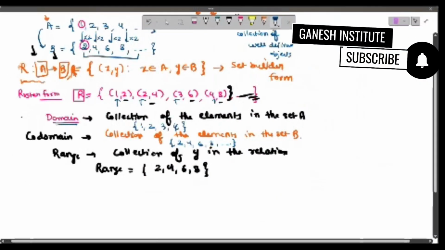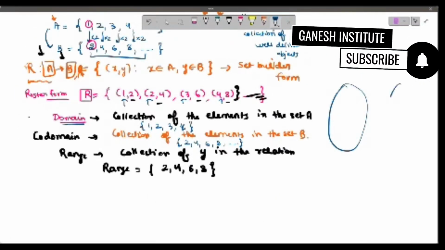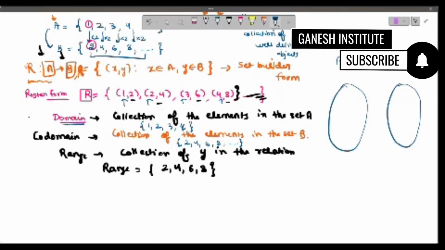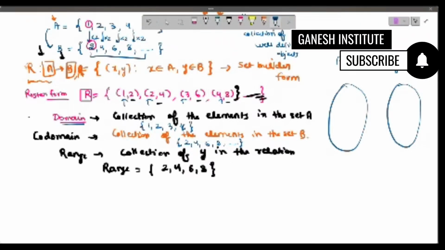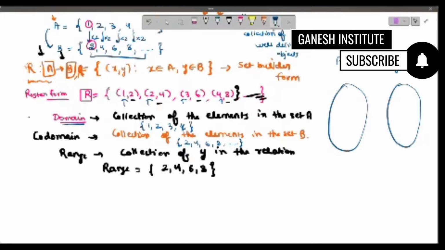If I have to map it, I use arrow diagrams for it. Just like a Venn diagram is there for representing sets, we have an arrow diagram for the relation.